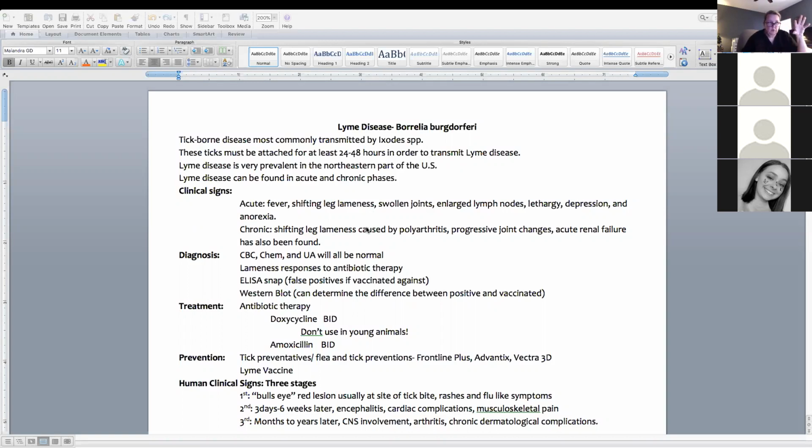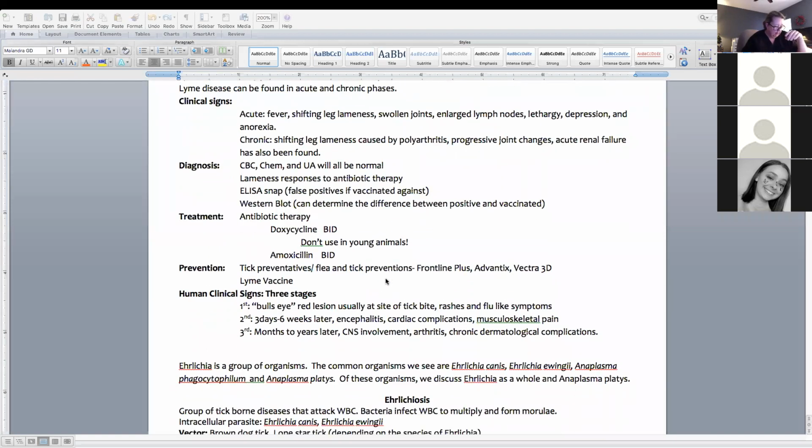As you treat the bacteria, the pain should start to resolve as well, but sometimes you can add a pain medication. But if I'm talking about actually treating the illness, that needs to be an antibiotic, and it needs to be doxycycline.